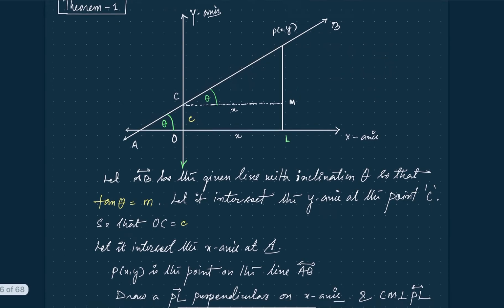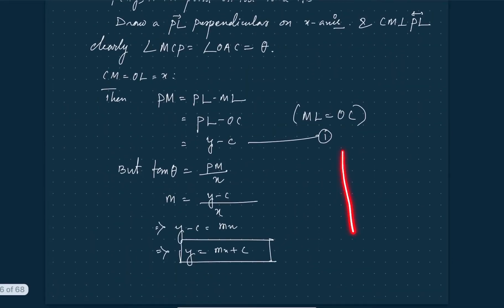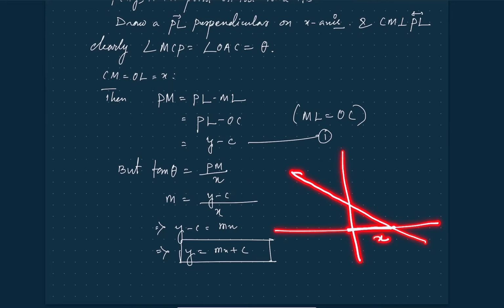Suppose the equation is y = mx + c. What is the equation of this straight line? Here, c is the y-intercept. Suppose some distance is given here. If the intercept is given, then we can write y = mx + c.